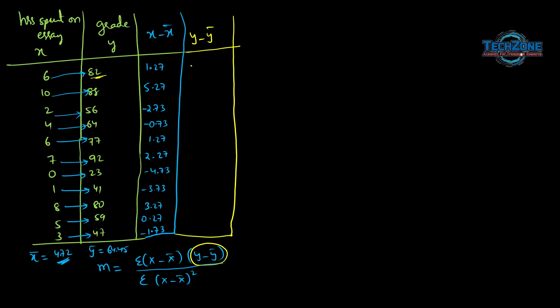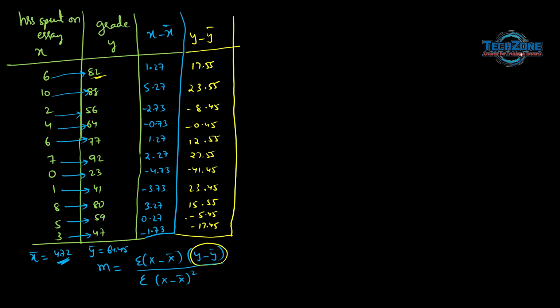So the first value will be 17.55. The next one is 23.55. Next is minus 8.45, minus 0.45, 12.55, 27.55, minus 41.45, 23.45, 15.55, minus 5.45, and minus 17.45.